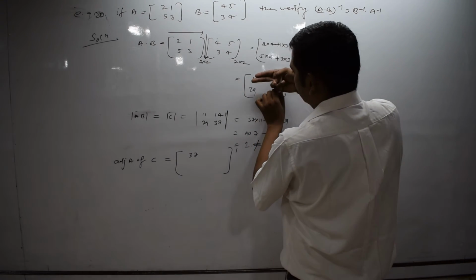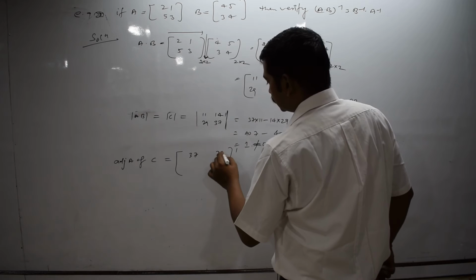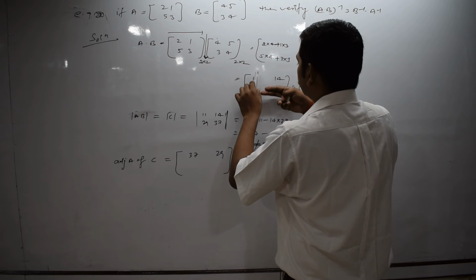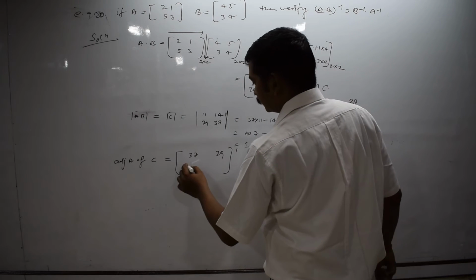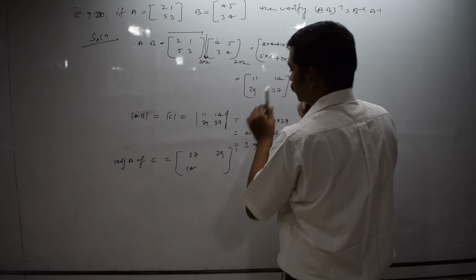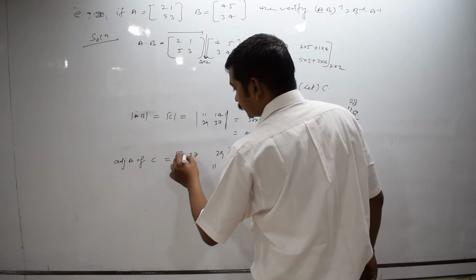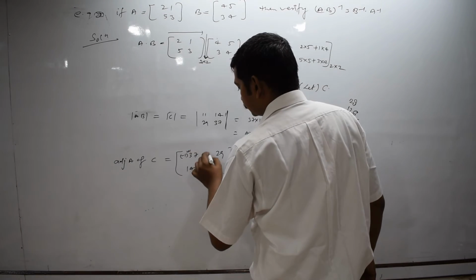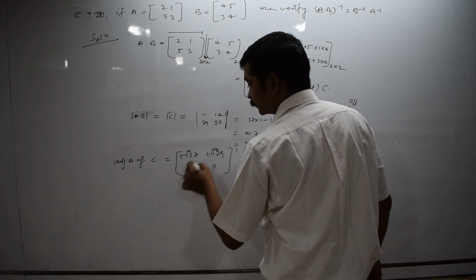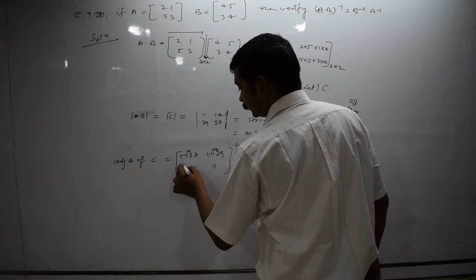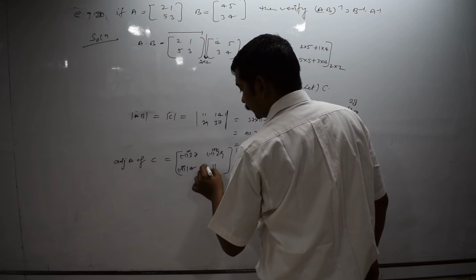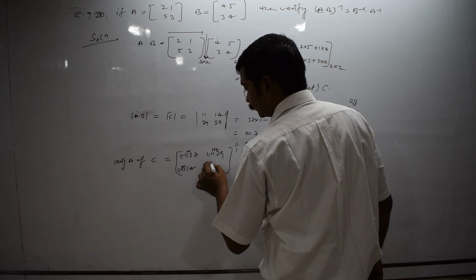With respect to 14, this will be 29, with respect to 29, this will be 14, and with respect to 37, this will be 11. We take the signs minus 1 power 1 plus 1, minus 1 power 1 plus 2, minus 1 power 2 plus 1, and minus 1 power 2 plus 2.